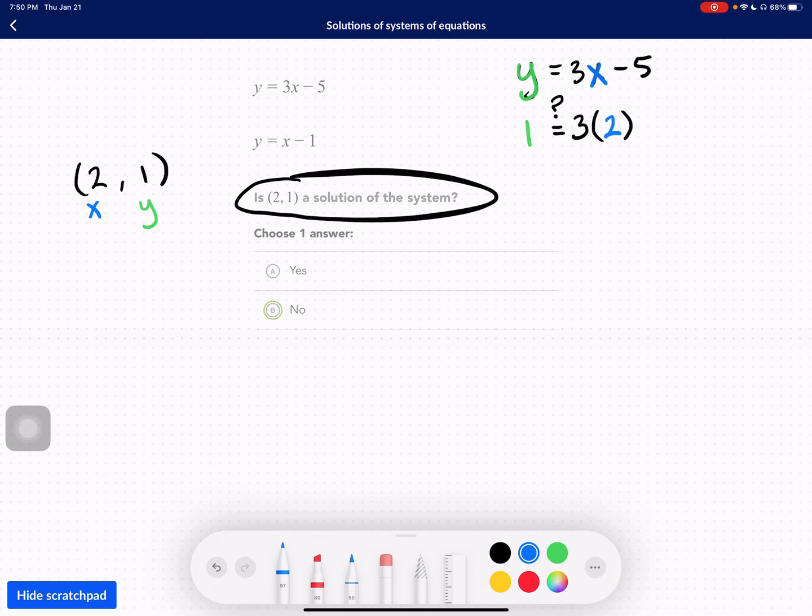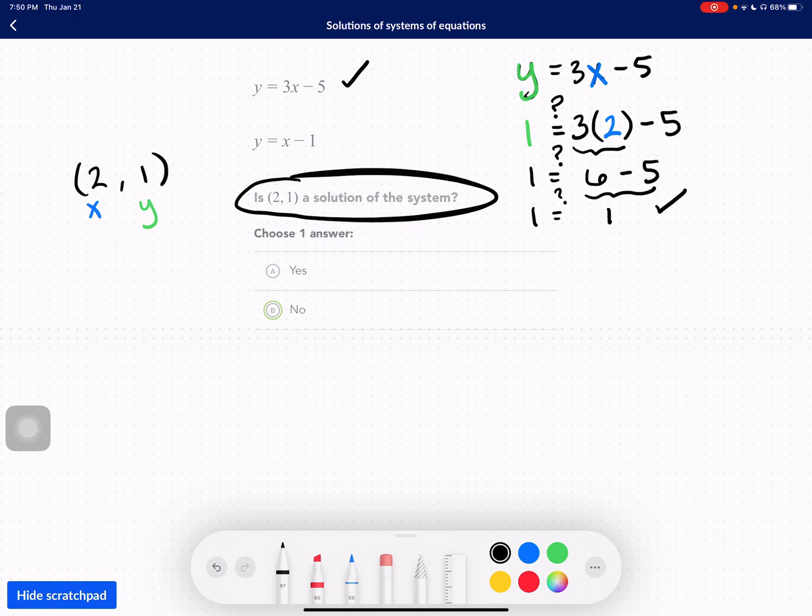This is the point we're testing, minus 5. So here, does 1 equal 3 times 2, which is 6, minus 5? Does it equal 6 minus 5, which is 1? Yes, it does. So it is a solution of that first equation.